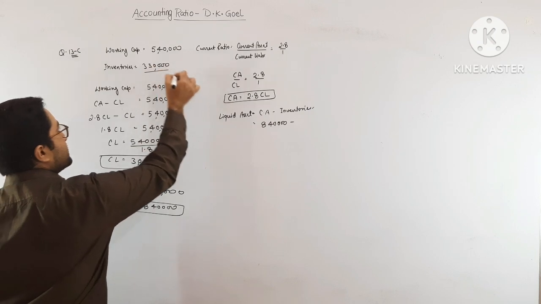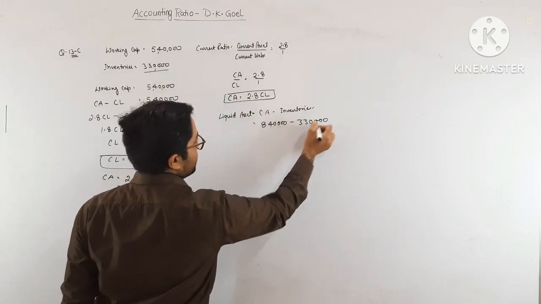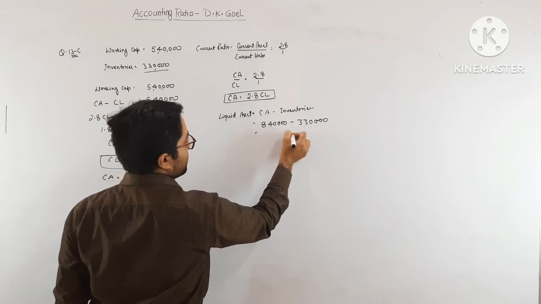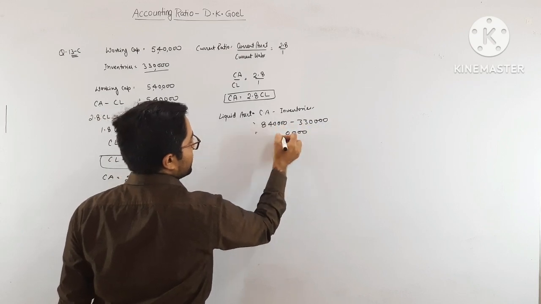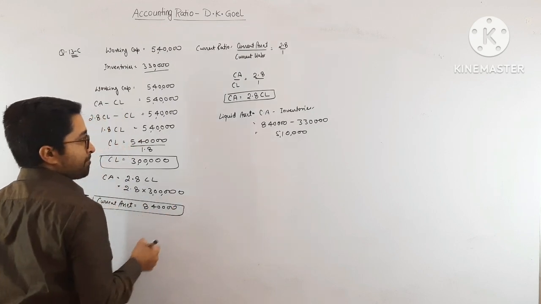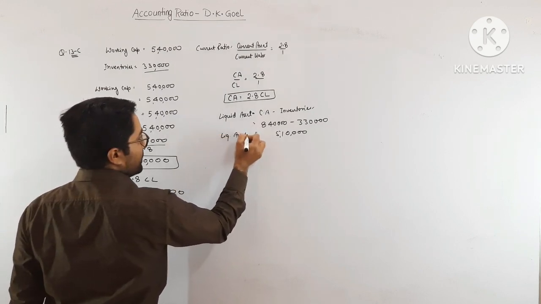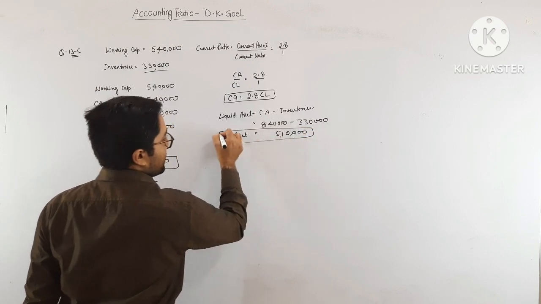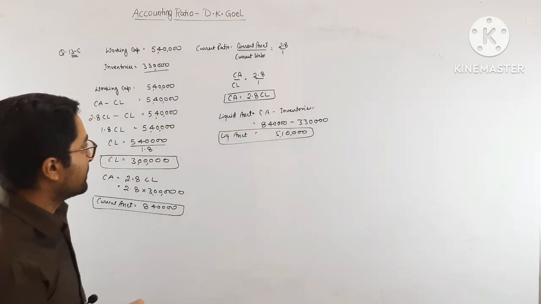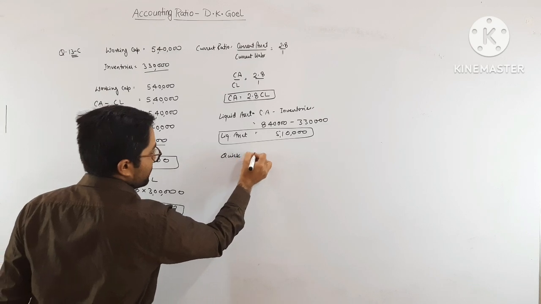The value of inventory is 3,30,000. So 4 minus 3 is 1, 8 minus 3 is 5. 5,10,000. Liquid asset equals 5,10,000.